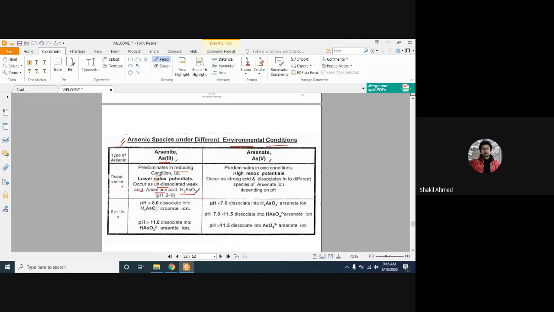In the pentavalent form, it has high redox potential in contrast to the trivalent form, which has lower redox potential. Here it was an undissociated weak acid. This is not spelled WEK, it is WEAK, weak acid. But here it is a strong acid.